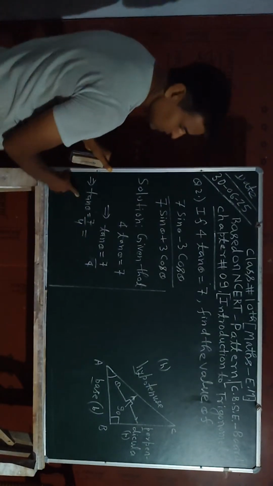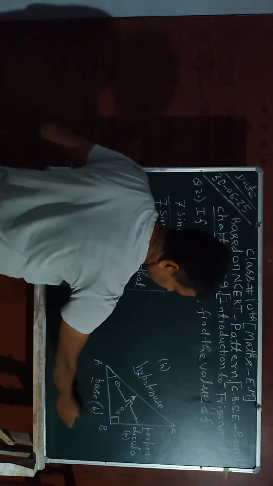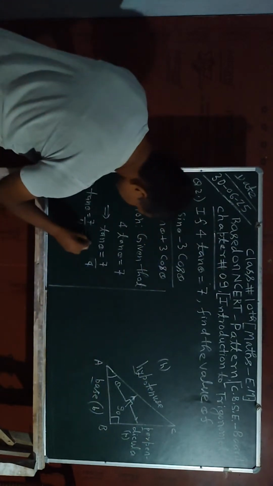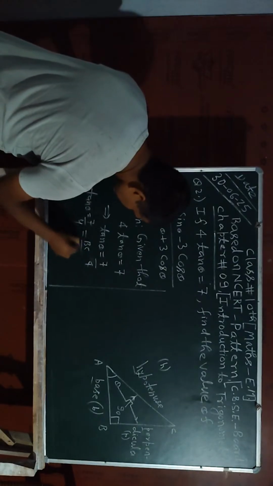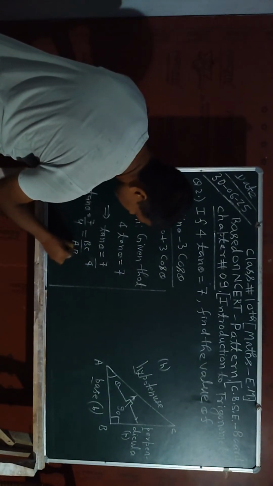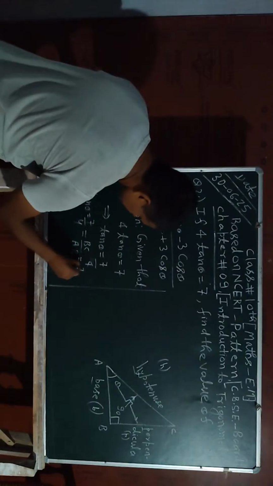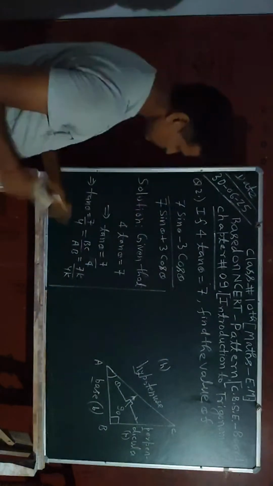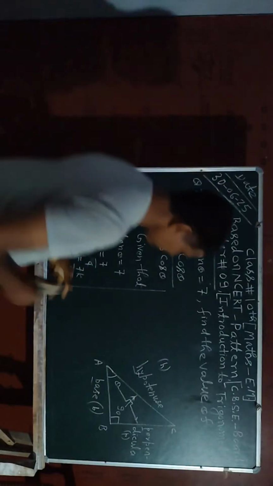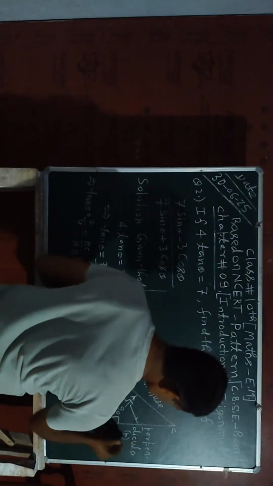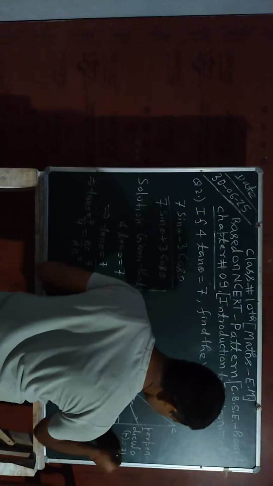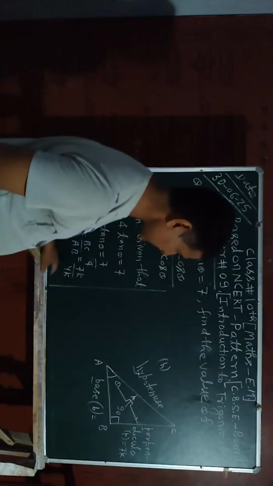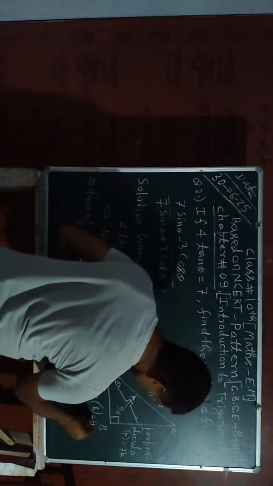So tan theta is perpendicular divided by base, which means BC divided by AB. Now here I can write 7K divided by 4K. The length of BC is 7K, and this is the 4K.